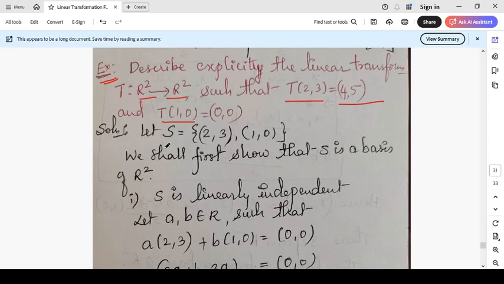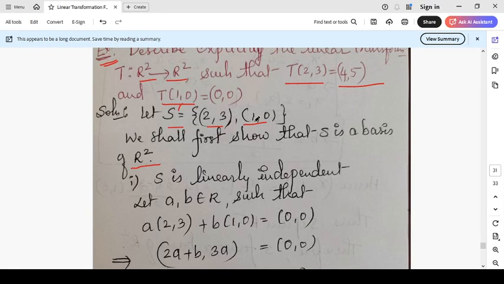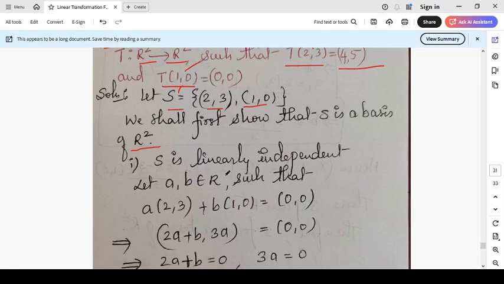Suppose I take capital S as a basis containing (2, 3) and (1, 0), elements of R square. This capital S is the basis of R square.